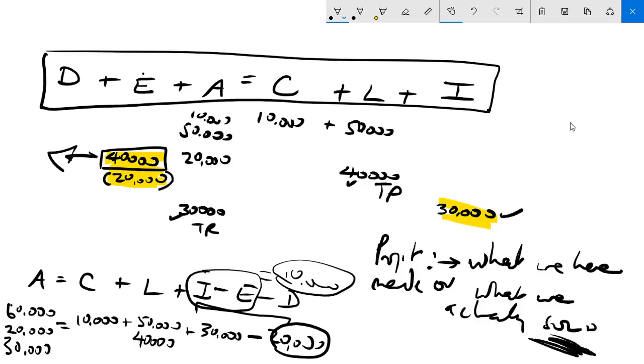And it must really be the markup that we made on those £20,000 worth of goods, and we made a markup of 10,000 by selling for 30,000. So this is a really important concept, and I'll extend this into the next video to talk about what happened in the very next season. Okay, great stuff. See you in the next video.